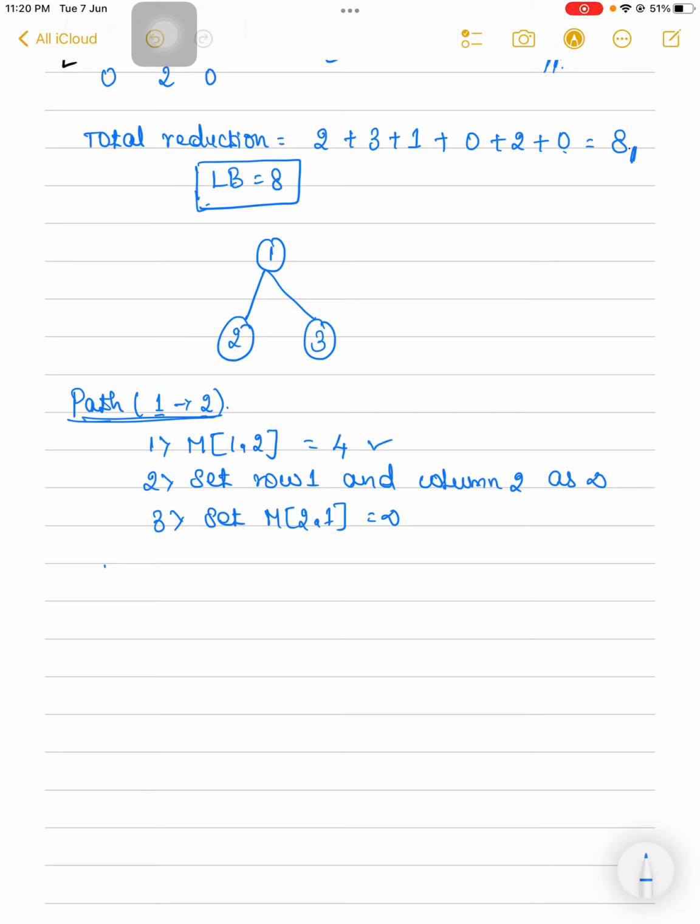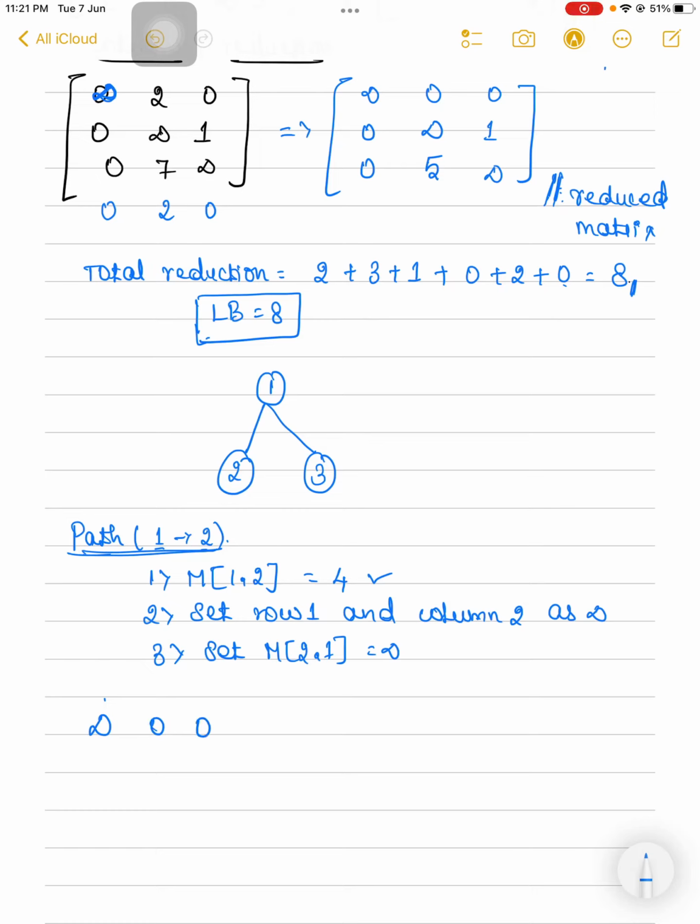Always we start from the reduced matrix, because we are starting from the source vertex. That is infinity, 0, 0, 0, infinity, 1, 0, 5, infinity, right?